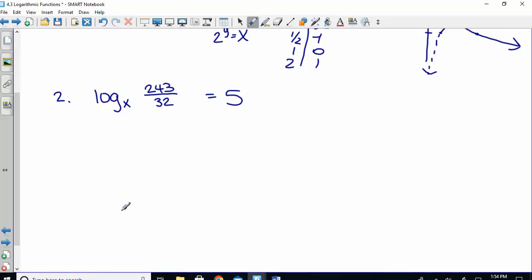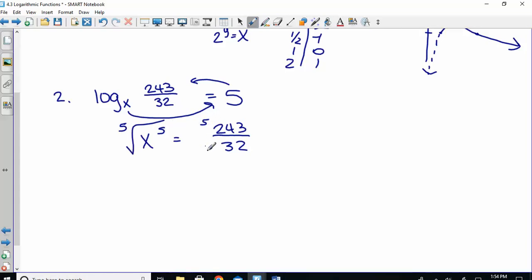How would you solve this one? It's a good question. Yeah, change it to exponential. How do you get rid of a fifth power? Fifth root, do you need plus or minus for that? So what is the fifth root of 243 over 32? 3 halves.